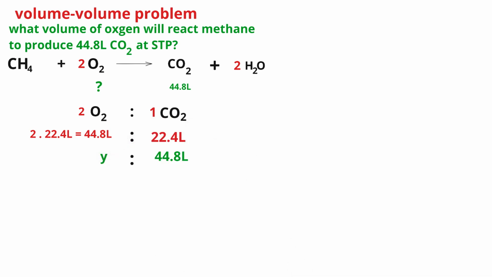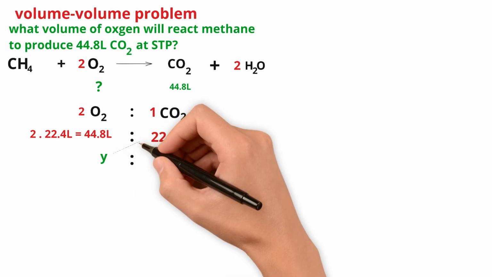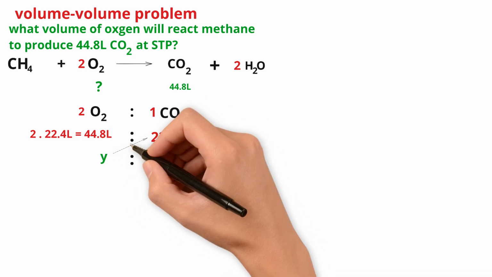Now the question here is, to produce 44.8 liters of carbon dioxide, how many liters of oxygen are required? Let's say this is Y. Now to determine Y, let us cross multiply.